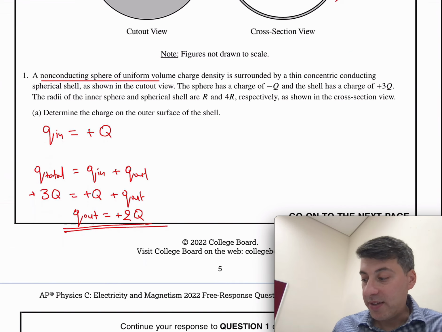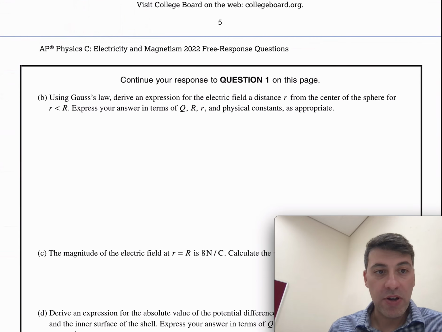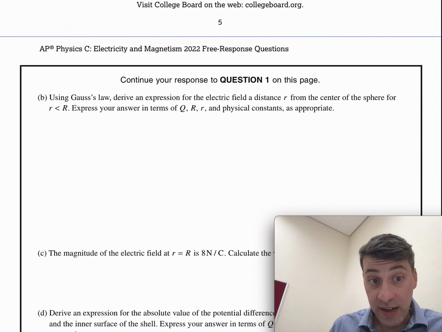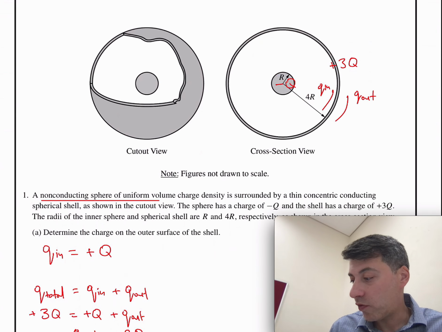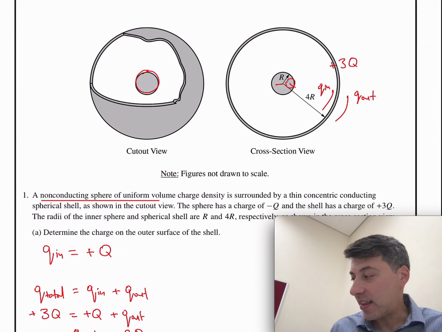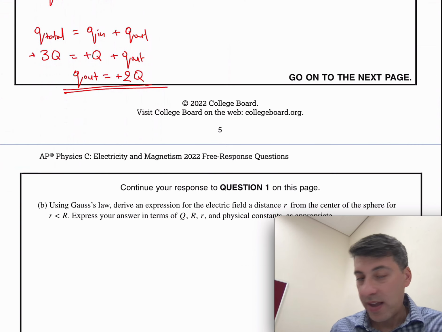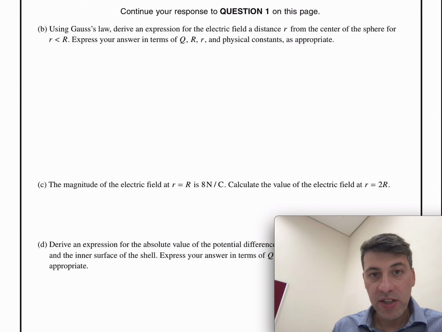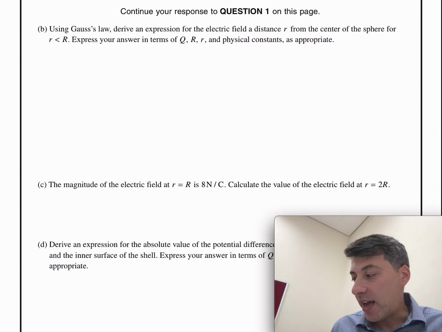We can proceed to part B, where we need to use Gauss's law in order to find an expression for the electric field at a distance r less than the capital R. So we need to find an expression for the electric field inside the non-conducting sphere, and we need to express it in terms of the given quantities.